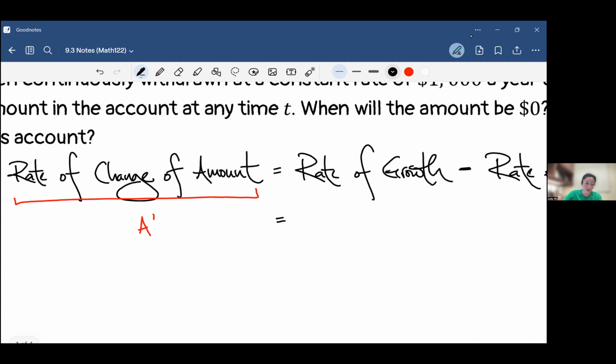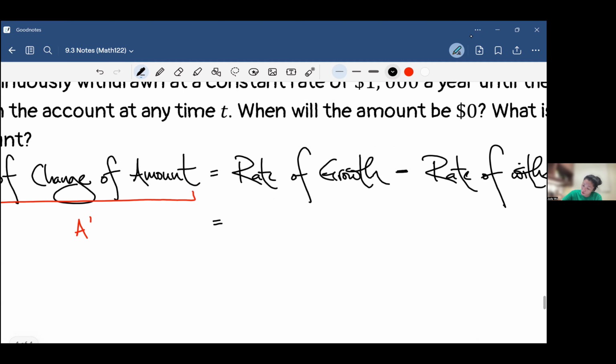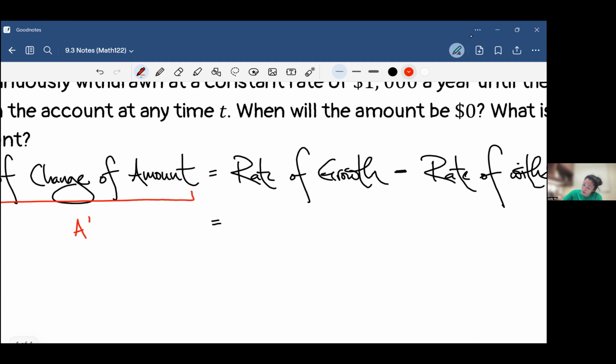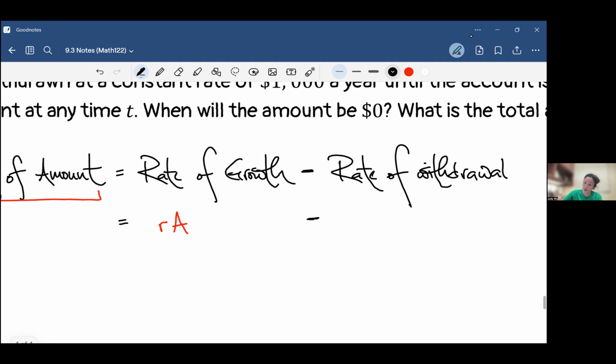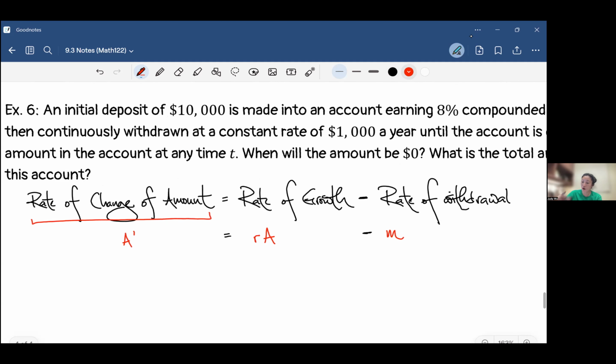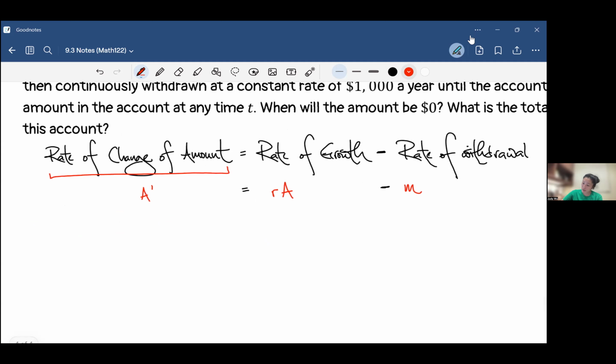That is equal to the rate of growth, which is going to be our percentage times the amount in the account, and then minus our rate of withdrawal, which in this case is a constant amount. All right, so I'm withdrawing the same amount every time. So it's a constant.